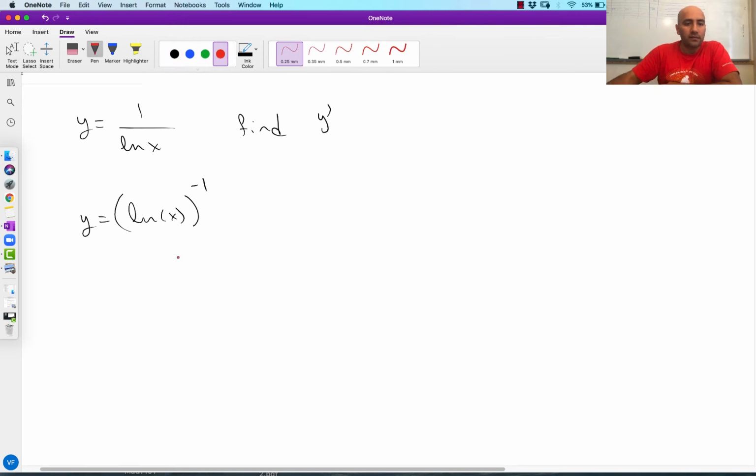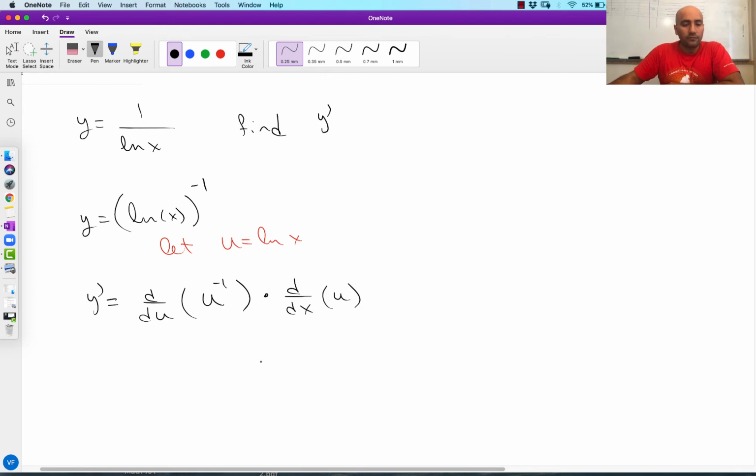Again, we're going to let u equal ln of x. And so that means that our derivative, y prime, is going to be equal to the derivative with respect to u of u to the negative 1 power times the derivative with respect to x of the u.